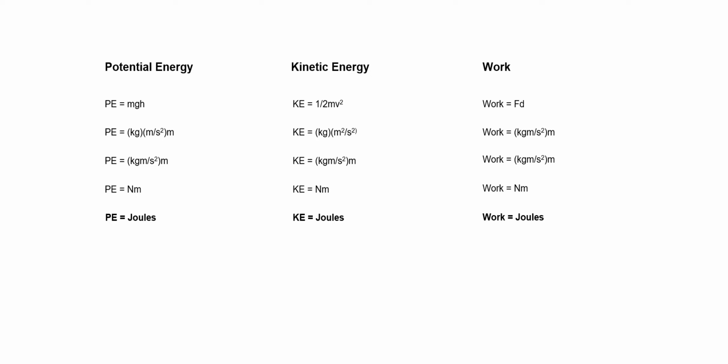Kilogram meter per second squared is a force, and so then that translates down to Newton times a meter. And then finally we can see all of them, potential energy, kinetic energy, and work, all have the same unit, the joule.